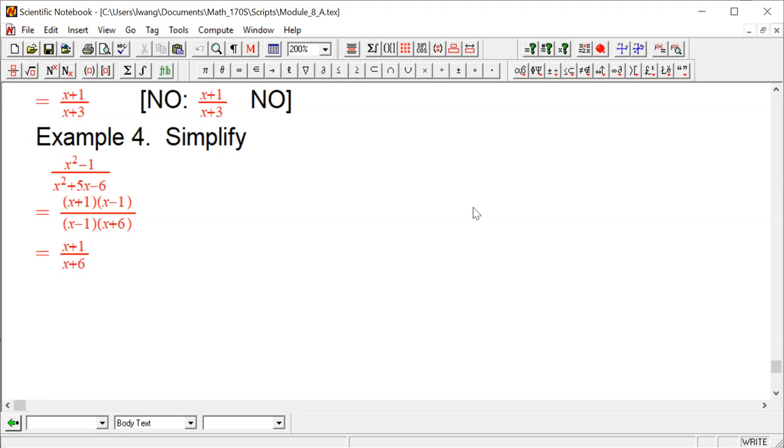These are examples of factoring trinomials. Let's do another example which involves a bit more factoring. This one is example number 5, still simplifying.